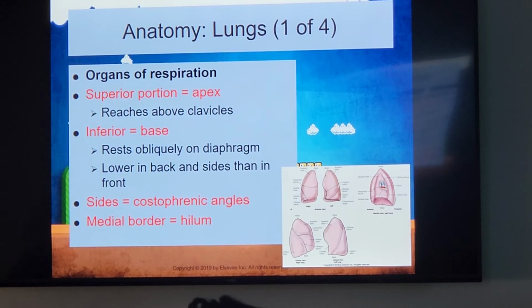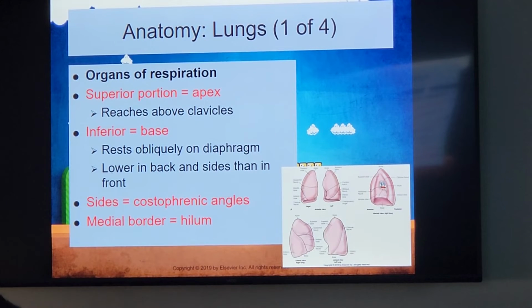The bases of the lungs extend lower in the back and our sides, more so than in the front. And then our costophrenic angles are the very corners of the lungs on our sides. We'll look at an x-ray in a second.